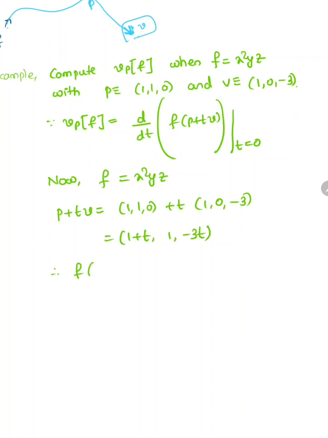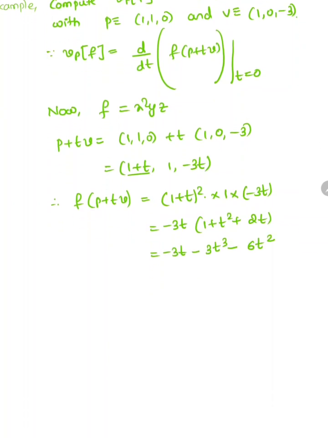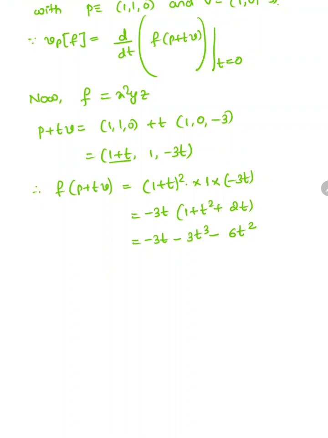Therefore, f of p plus tv is equal to x square means (1 plus t) whole square, y means 1 and z means -3t. So this is equal to -3t into (1 plus t) square, that is -3t minus 3t cube minus 6t square. So this is f of p plus tv.